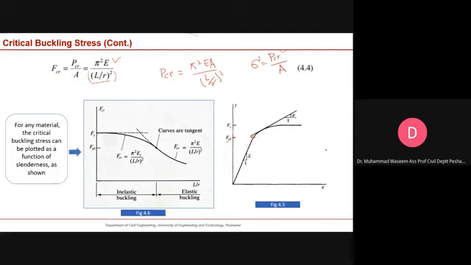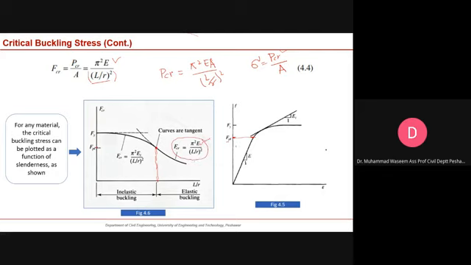If we want to project this point on this curve, you will see this point happens to be this one. One thing we should note is that in this range, the modulus of elasticity up to the proportional limit is E. If you want to estimate the critical stresses up to the proportional limit in the compression member or in the column, you have to use this formulation, and it uses one E value only.